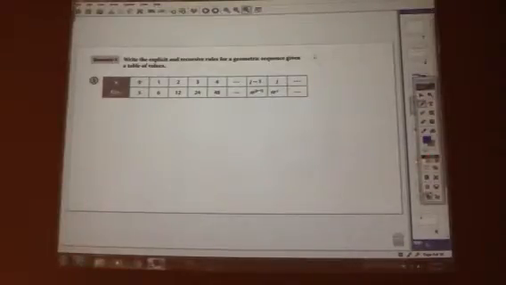The first thing we're going to write is the initial value, which is the a. The a comes from the first number right there on the f of n row, on the y row. Initial value is 3.